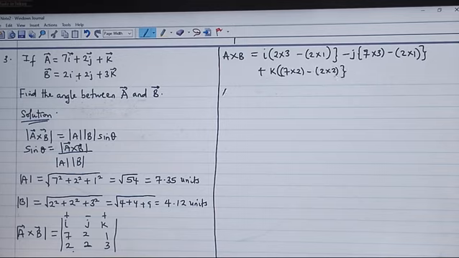So A cross B gives us i into 3 times 2 is 6, 2 times 1 is 2, so 6 minus 2 will give you 4i.